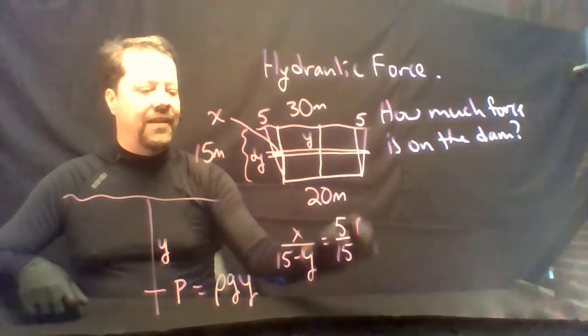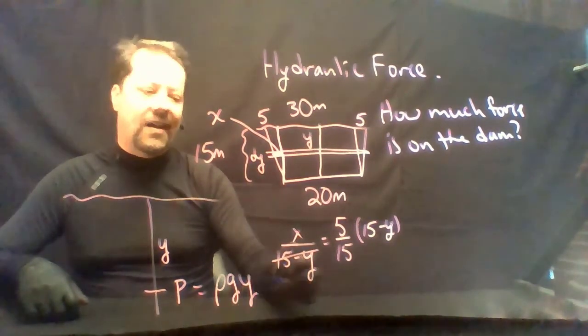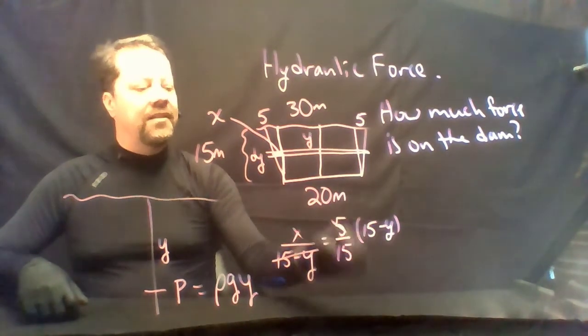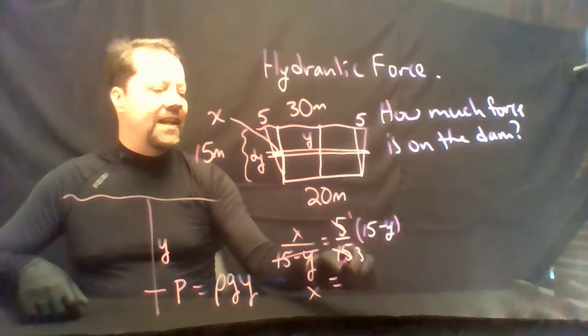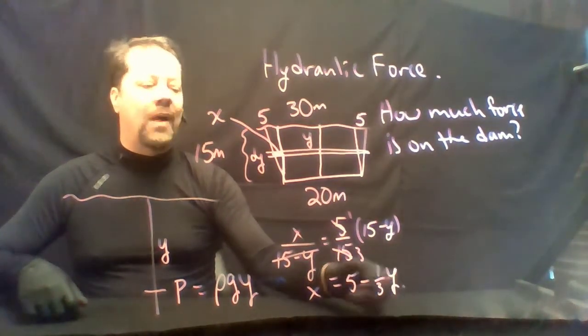We can solve for x by multiplying by 15 minus y onto both sides. We reduce the fraction to 1/3 and distribute. We'll obtain x equals 5 minus 1/3 y.